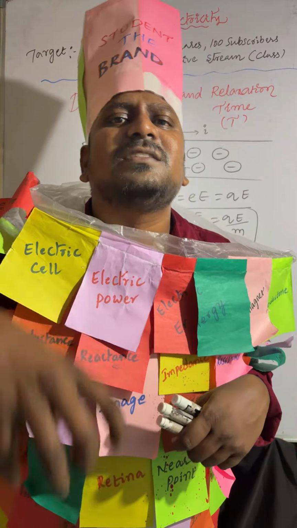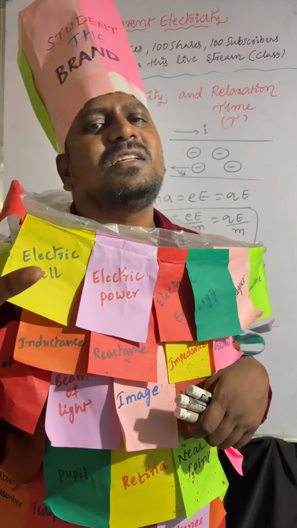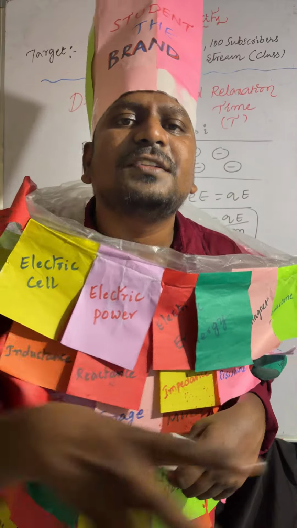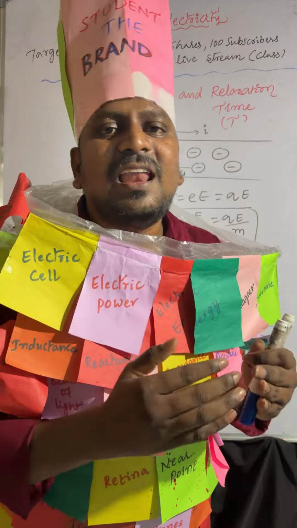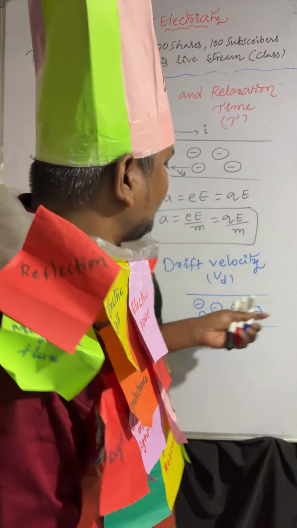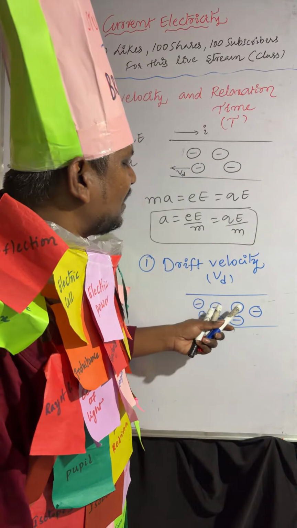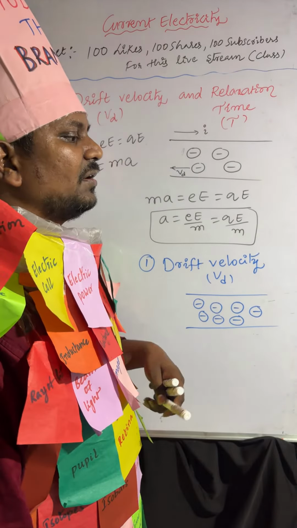When electrons are moving in a closed conductor, in a closed path, one electron will hit another electron, this electron will hit another electron, and this electron will hit another electron.